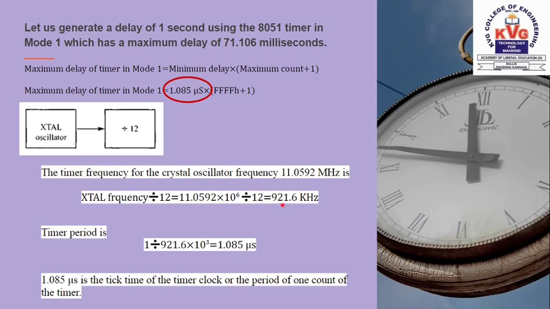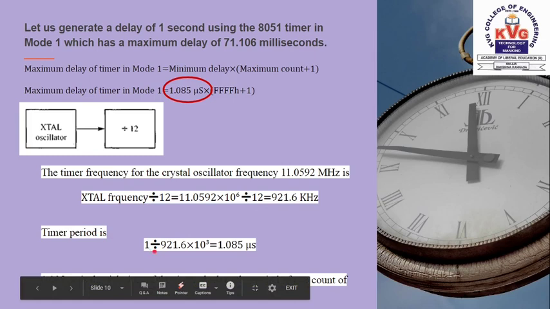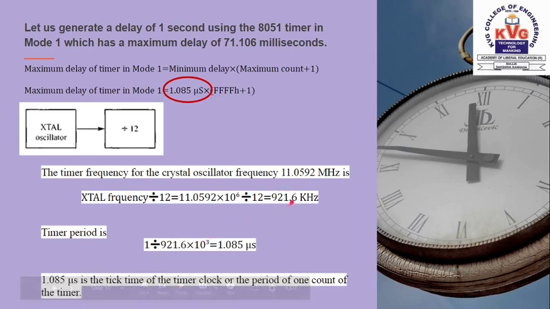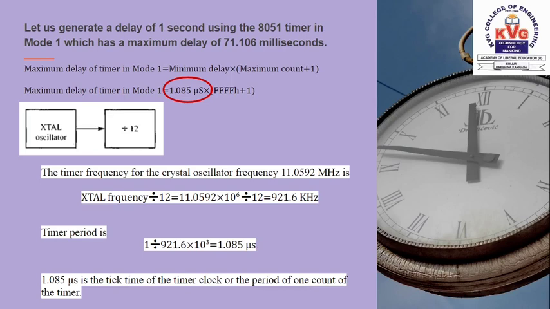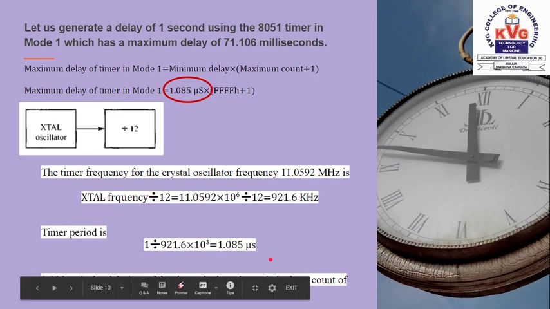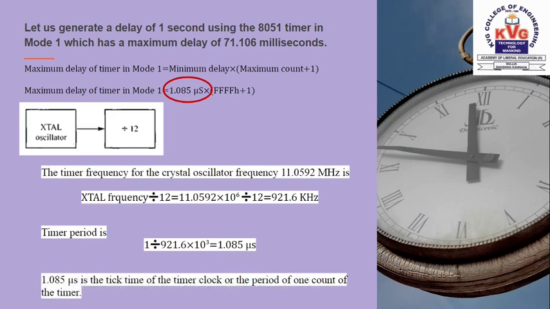Now the time is the reciprocal of frequency, so the timer period will be 1 divided by f. That is 1 divided by 921.6 into 10 raised to 3, which is equal to 1.085 microseconds. So this is the time for one clock pulse of the timer. 1.085 microsecond is the tick time of the timer clock, or the period of one count of the timer.